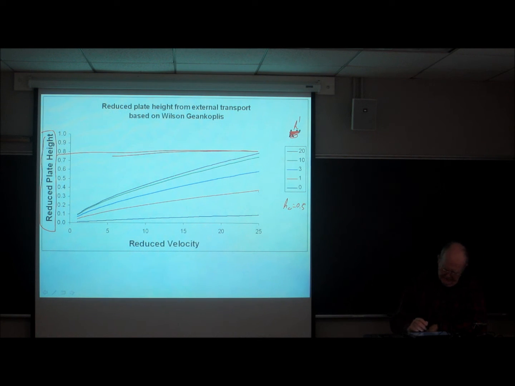It's because the equation tells us that it depends upon the 2/3 power of the reduced velocity. So it's got to plot up like a curve. This does not, however, approach a limiting value with reduced velocity. It just goes up and up and up with the 2/3 power of the velocity. It just never quits. But it does reach a limit as the K prime gets bigger and bigger.